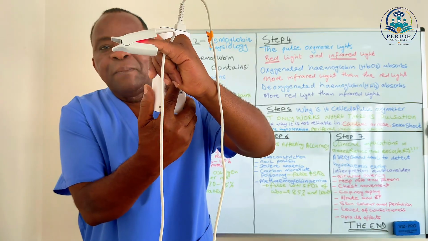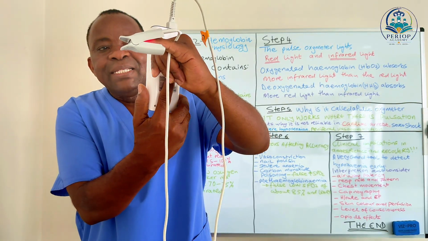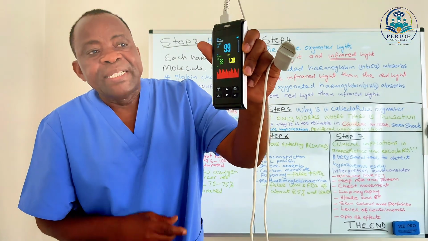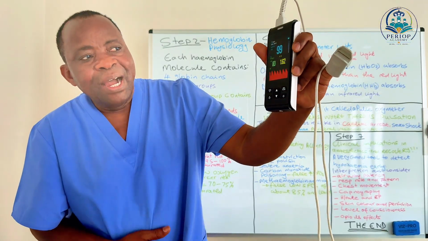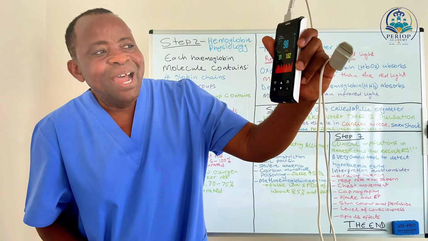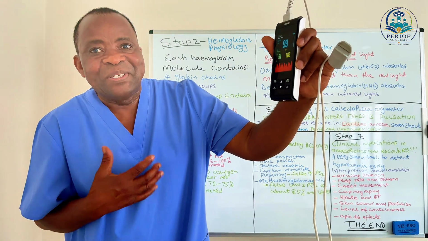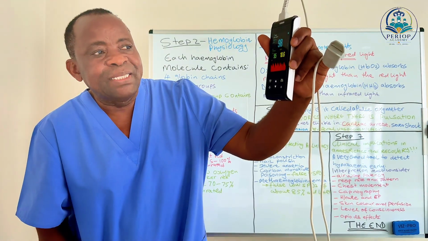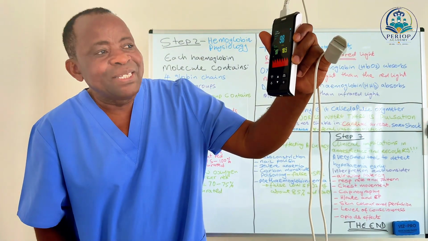And that information is then translated onto the monitor as figures and values. I'm at 99% saturation, yoo-hoo! And I've got a heart rate of 91 simply because I'm a bit talking, and my PI percentage is 10.6. Oh, that's great.